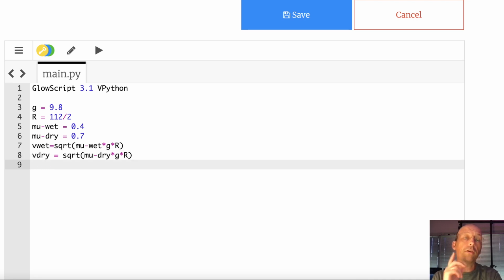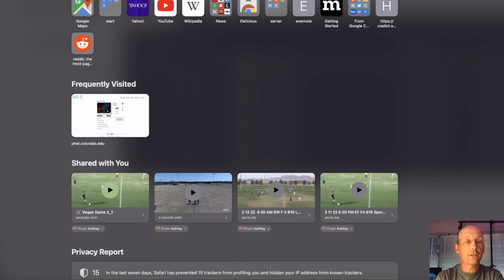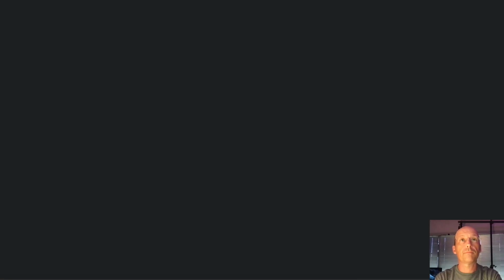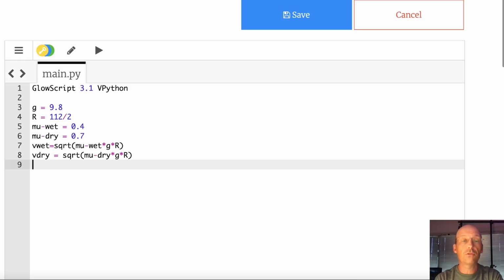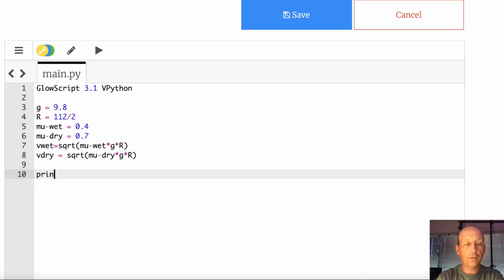I'm going to go ahead and print those. Let's do this. 1 meter per second in miles per hour is 2.23, so I can use that. 2.24. So let's say print, 2.24.